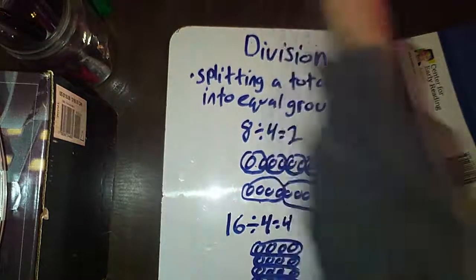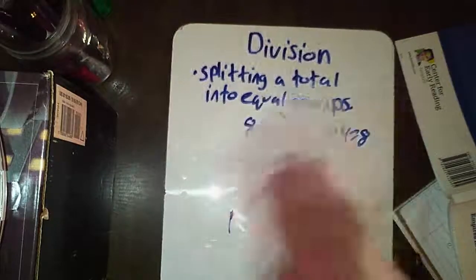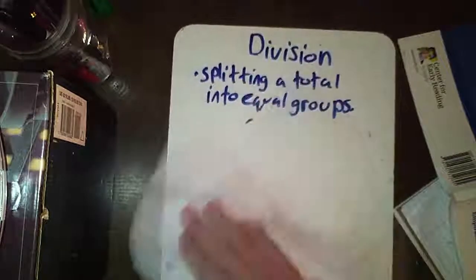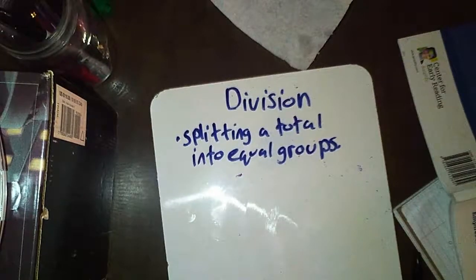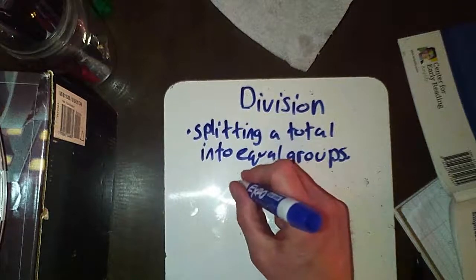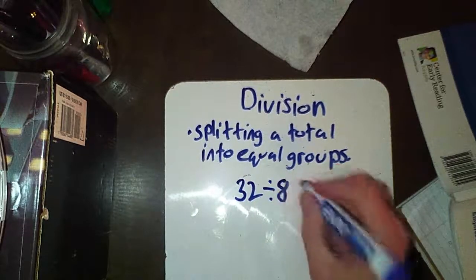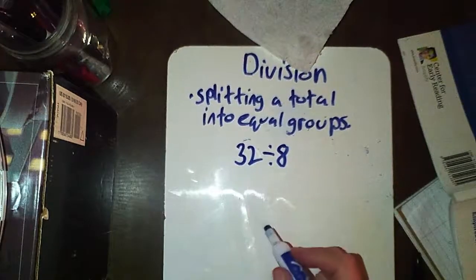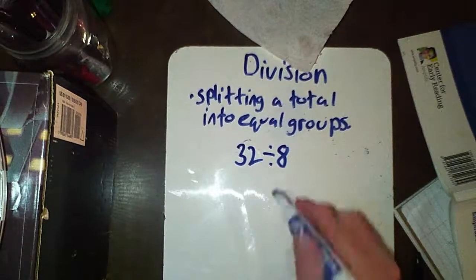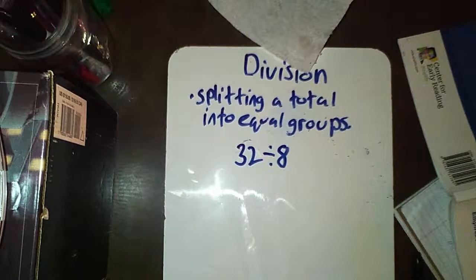Let's do another one. Let's do 32 divided by 8. All right. So that means we're going to take 32 objects. We're going to put them into an array. We're going to make rows of 8. All right.